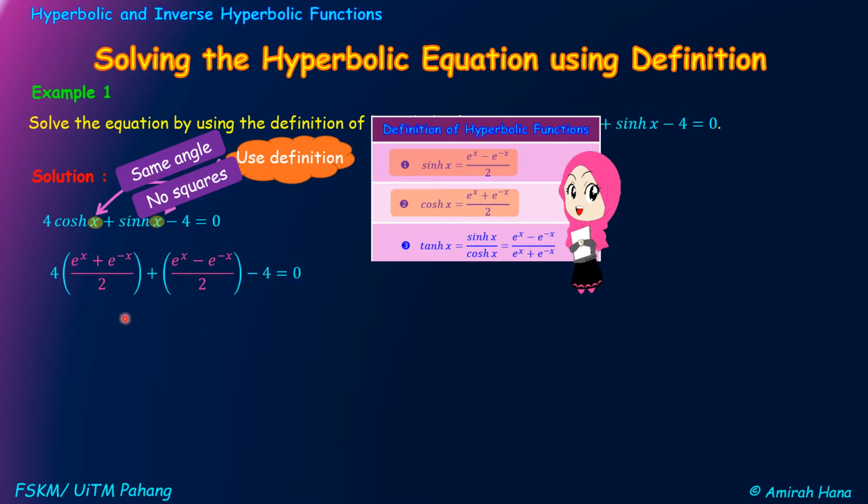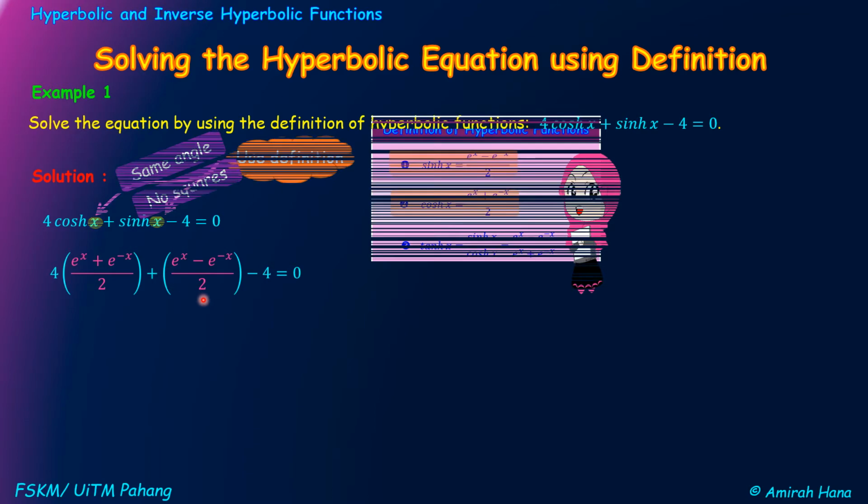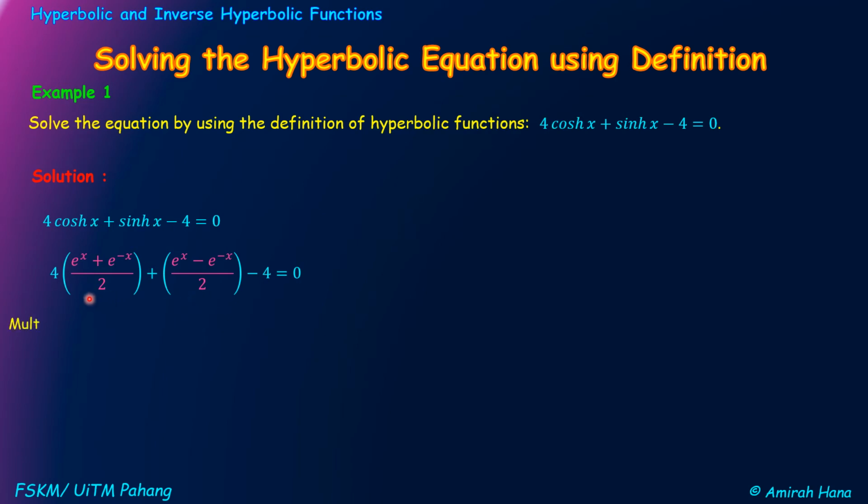Then we can simplify, but we still have the denominator, because we cannot simplify here. So the best way to eliminate the denominator 2 is to multiply each term by 2.